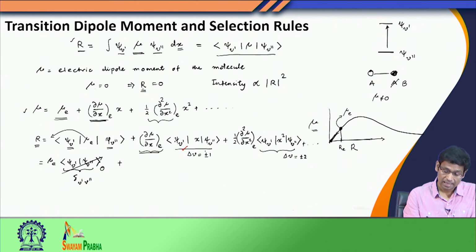Now, that is one selection rule, but what we would see now is, when you are expanding the dipole moment as a Taylor series expansion, it is often enough if we truncate this series just after the first order. In other words, we ignore the second and higher orders. Therefore, our r value or the transition dipole moment simply truncates over here. So, this gives me d mu by dx at equilibrium.